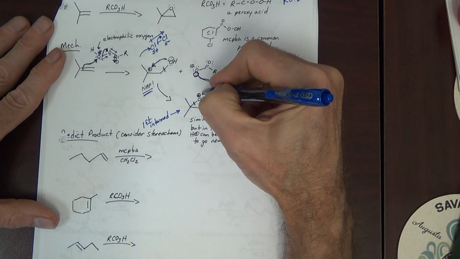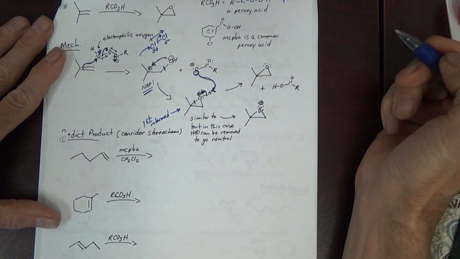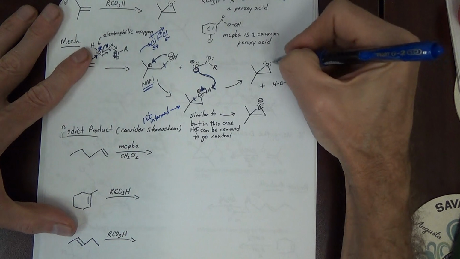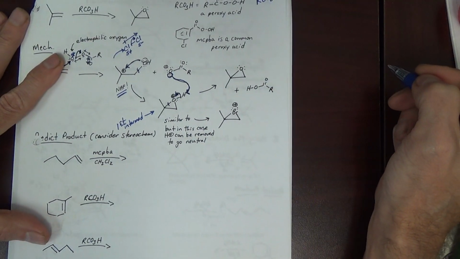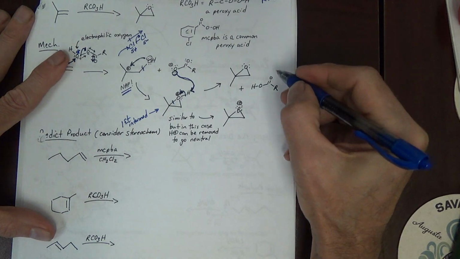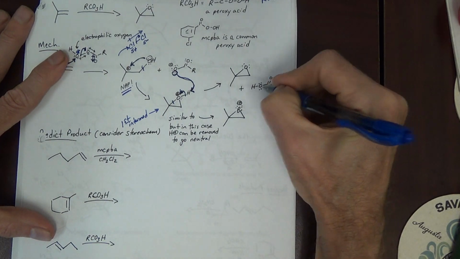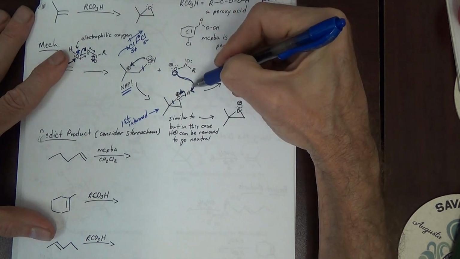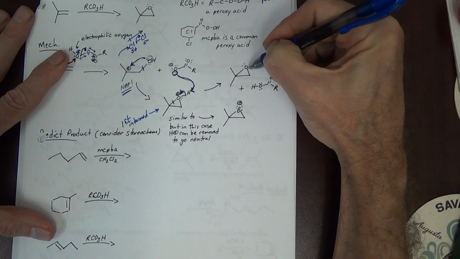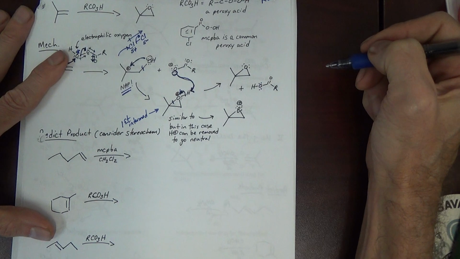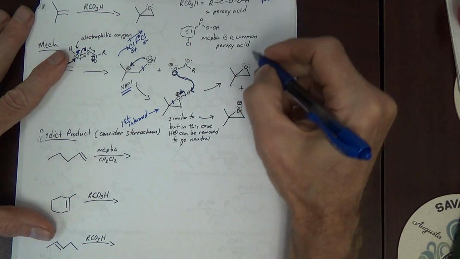These electrons move on to the oxygen to become the second lone pair. And we produce the oxygen now bonded to an H. That's what this arrow means. All right. And we produce two neutral products. And here's our peroxide.